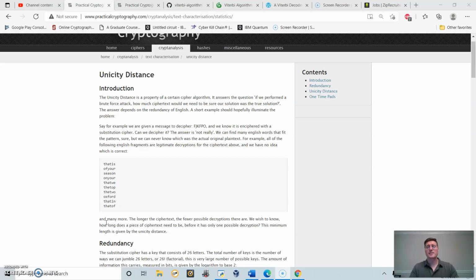But the unicity distance is a good tool to help determine how much work you're expecting, at least. And the reason why it's important is because we don't want to have to brute force for days or weeks or years without knowing how long it's actually going to take.